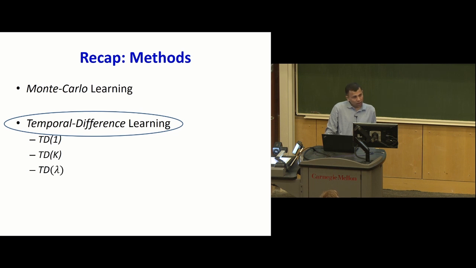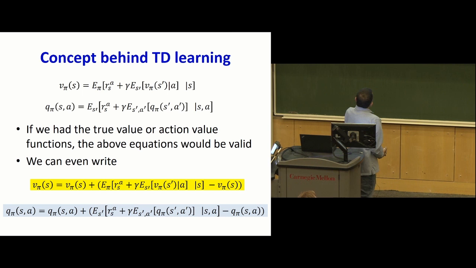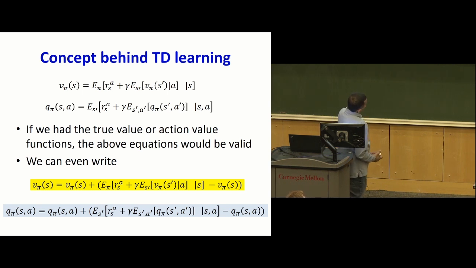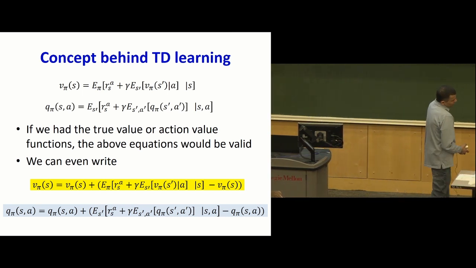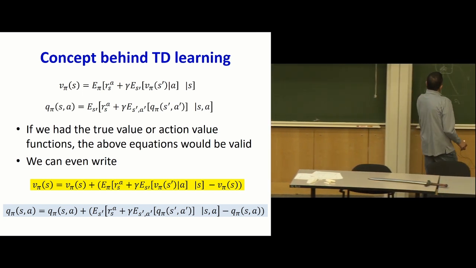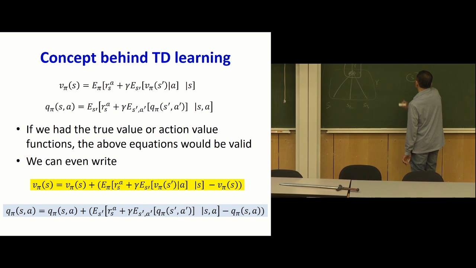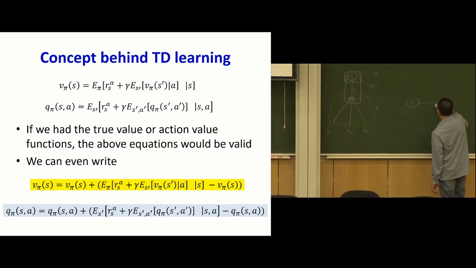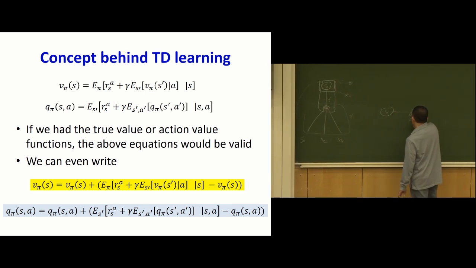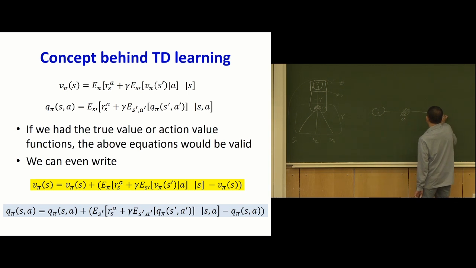So temporal difference learning made this process more online and a little more stable. Temporal difference learning was based on a very simple concept. Now, look at this. If you take a state, you take an action, and as a result, you end up in a new state.